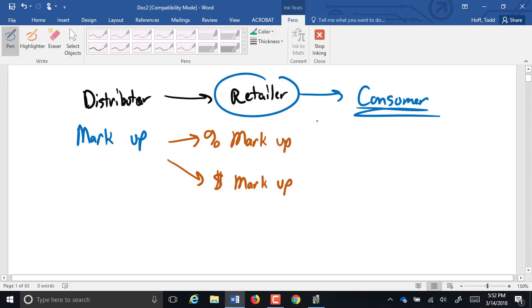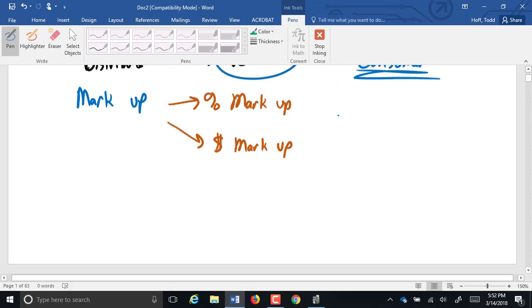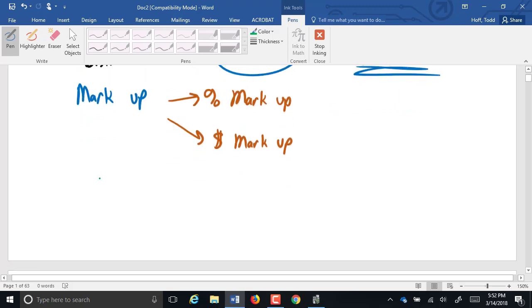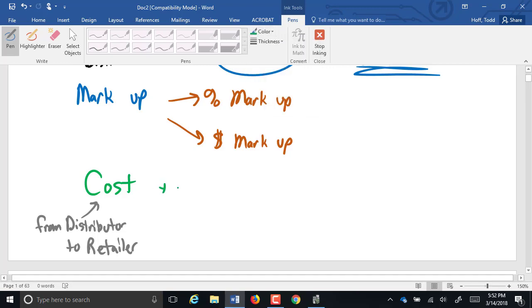Here is a simple formula that governs pretty much everything we're going to do tonight. Cost: that is the price charged from the distributor to the retailer, plus markup.